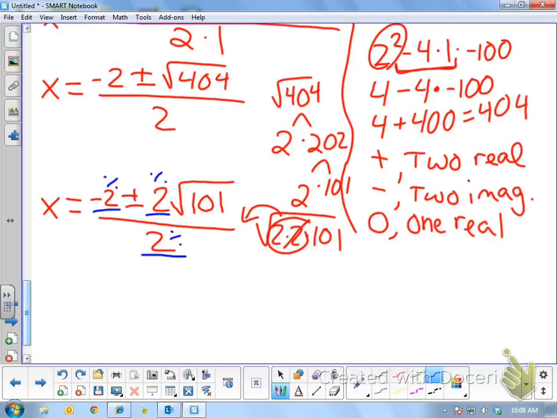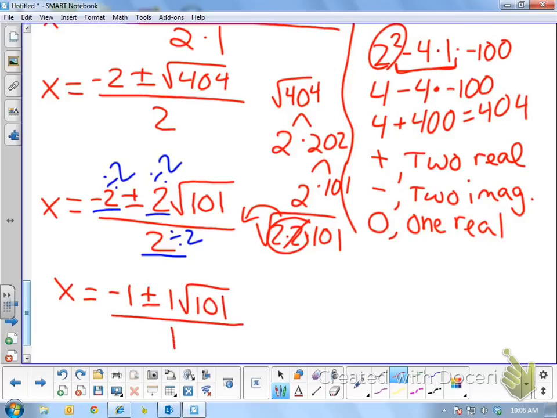What can all 3 of these divide by? 1, yes, but we want the biggest. 2. It's a prime number. So we would get x equals negative 1 plus or minus 1 square root of 101 over 1.